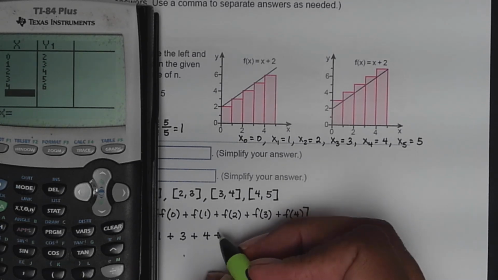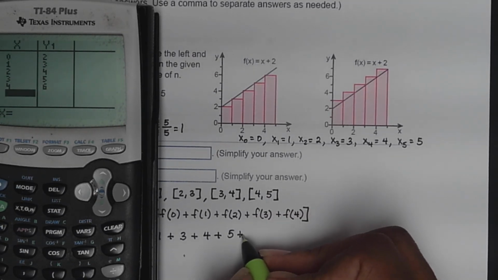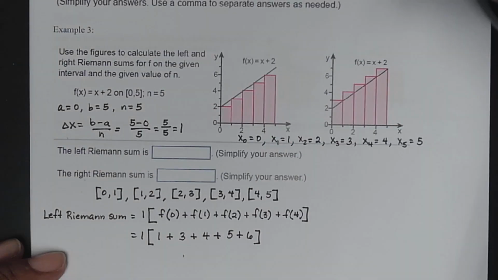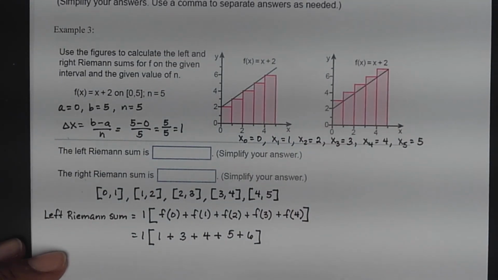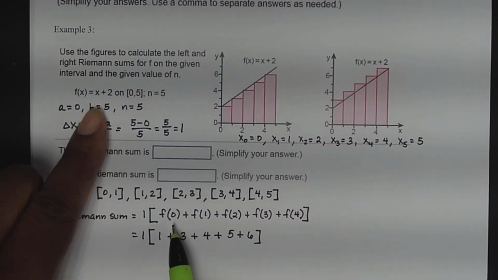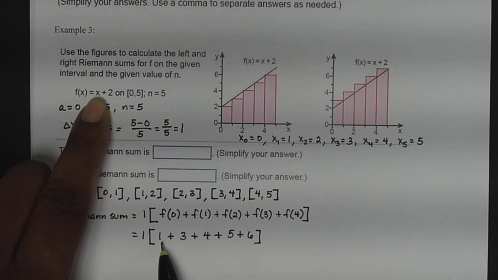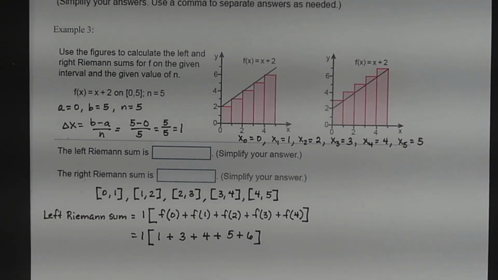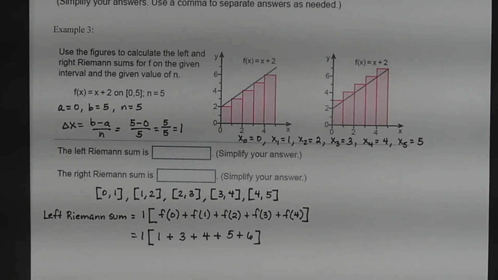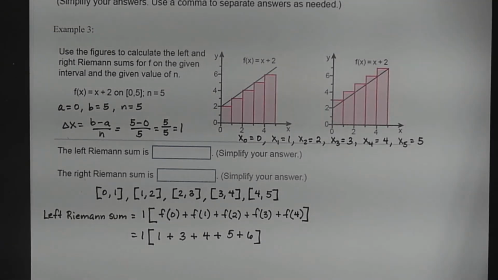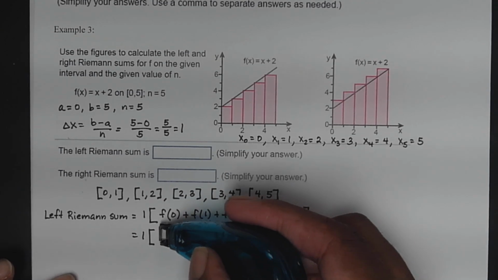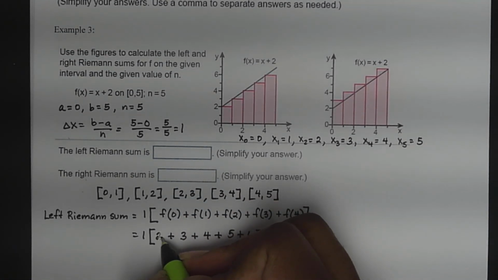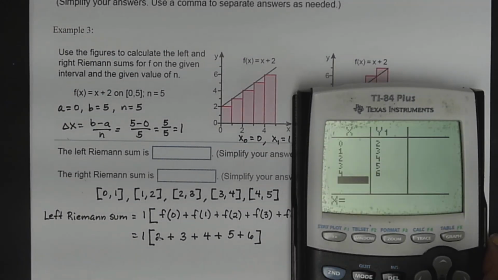Then for f of 3, that's going to be 5, and f of 4, that will be 6. Okay? And you can do this pretty much easily, 0 plus 2, I'm sorry, 0 plus 2, that would give me actually 2. I don't know where that 1 came from. And I even have it right here.